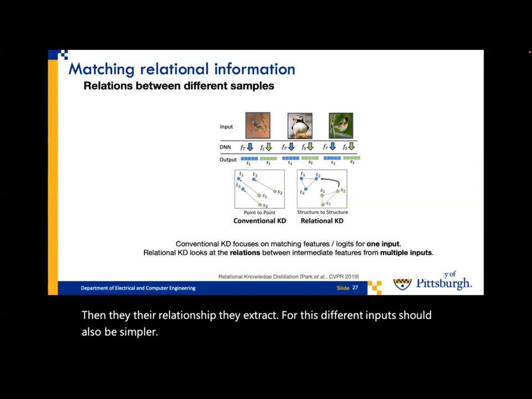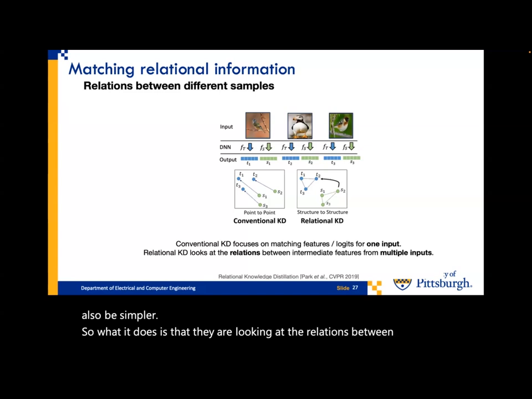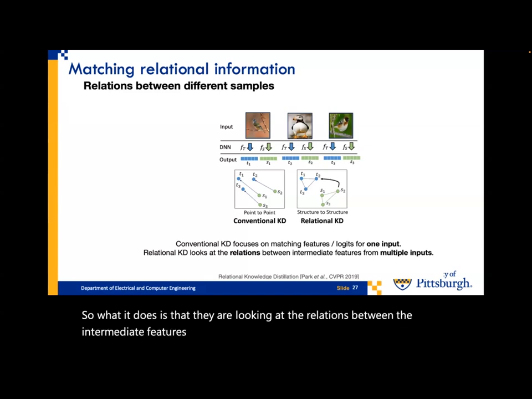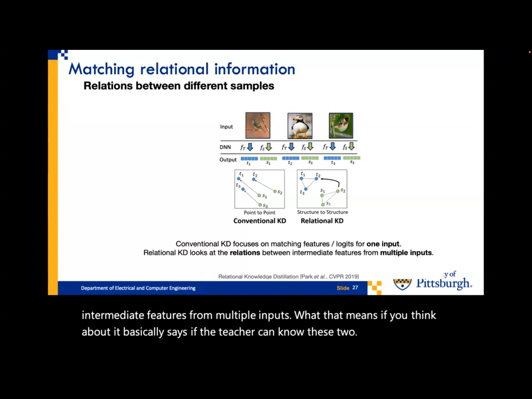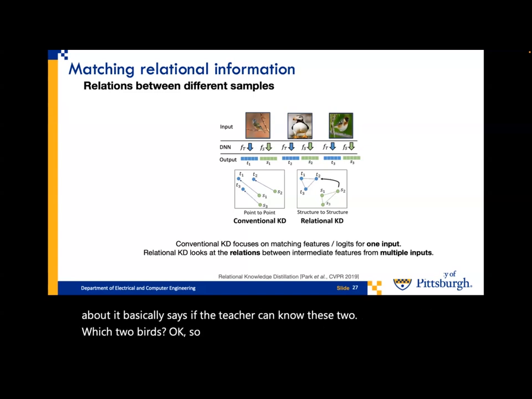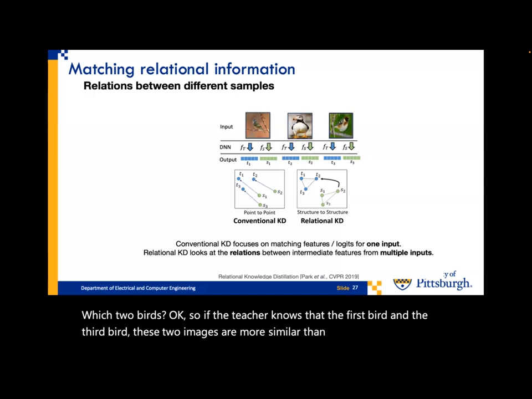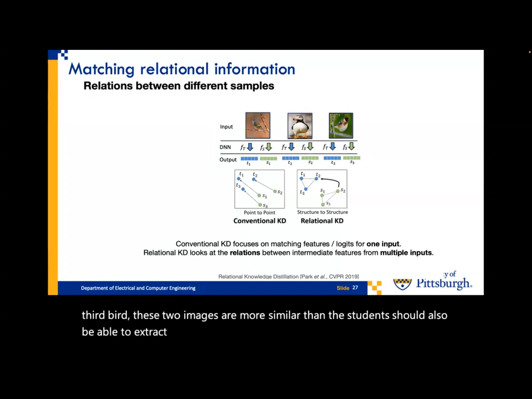So what it does is look at the relations between the intermediate features from multiple inputs. What that means, if you think about it, is that if the teacher knows that the first bird and the third bird, these two images, are more similar, then the student should also be able to extract that similarity between different inputs.